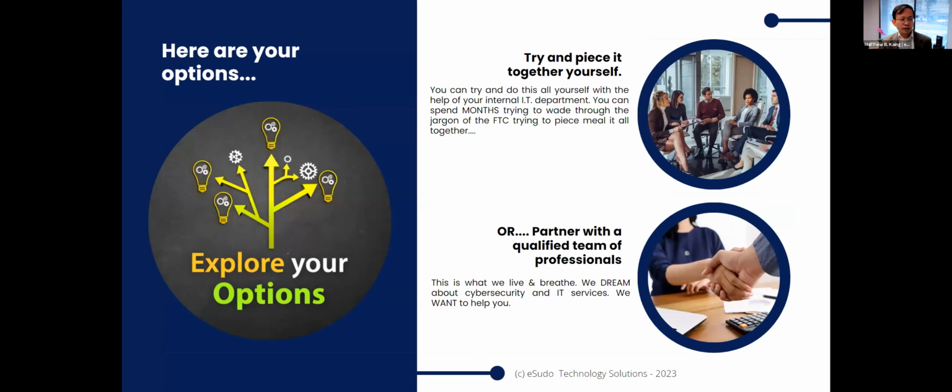So your options are either you can try and figure all this out yourself in-house, or work with a professional like us who works with these types of things on a day-to-day basis. That's what we do all day, every day, helping businesses comply with these requirements and protect them from ransomware and cyber attacks.